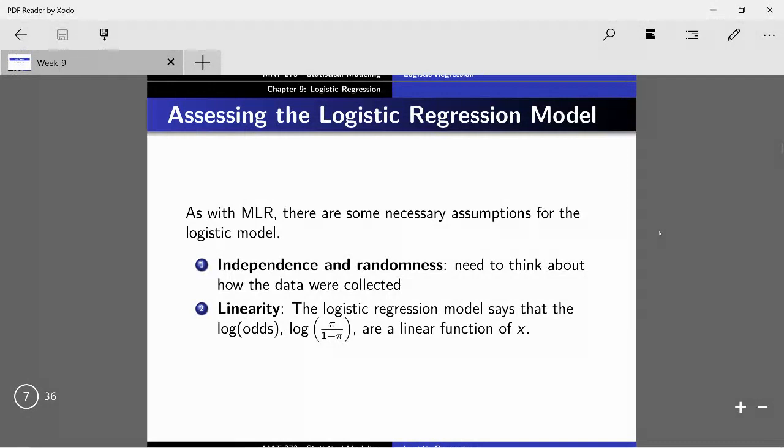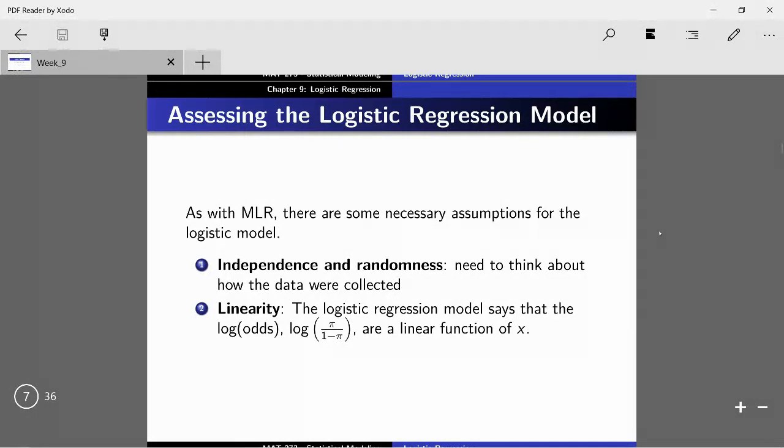So that's just a little bit of a side note, not usually an issue we need to think about, but more importantly is this linearity assumption. Even though we have this S-shaped curve, there's still an implicit linearity assumption that this logistic regression model relies on.